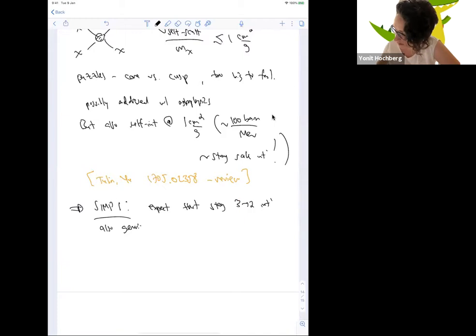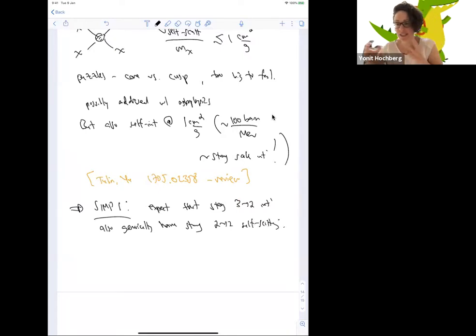You can think of this on the one hand as a constraint on your theory, and on the other hand as a potential signal, because you're going to get a contribution that's exactly of the right order to be addressing these issues. So it's both a constraint plus a possible signal.